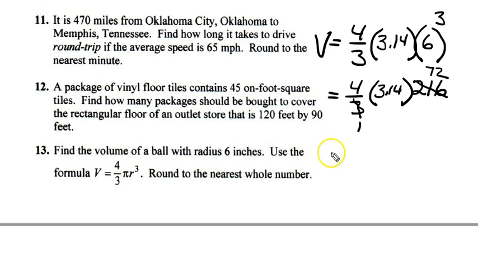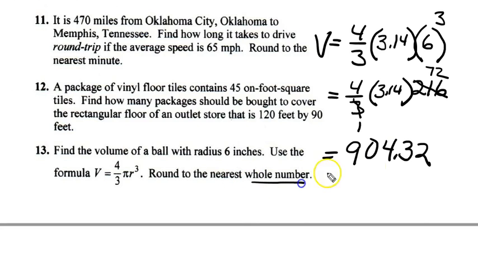And we get then, the volume is, I should say, 904.32, and they want us to round to the nearest whole number, so we will just drop this, and it's going to be 904. Okay, this was a little shorter than our other one, but still lots of stuff here.